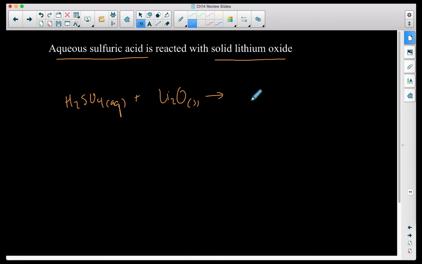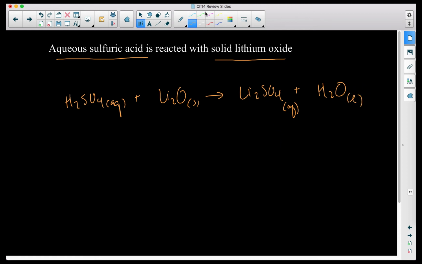Double displacement, specifically neutralization, because this is an anhydrous base. So we would get Li2SO4 plus H2O, and we'd go back and look at our balancing, and yeah, we're good. Oh, and this would be aqueous because this is always soluble, and this would be a liquid.